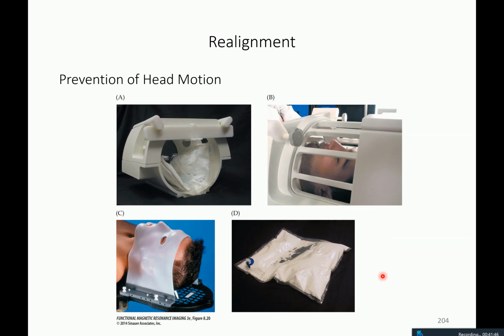The best thing is, of course, preventing head motion in the first place. So usually you put the participant into some cushions. You can also use these vacuum-based cushions, where you can suck the air out once people are in there, and then they are kind of in a mold that is specific to the head, and then they really feel if they move.